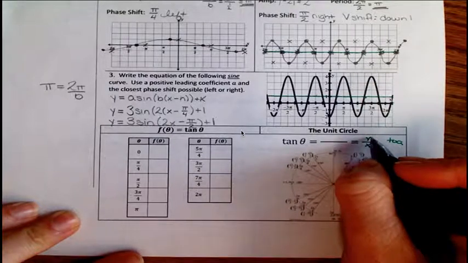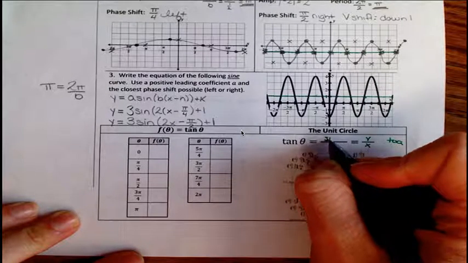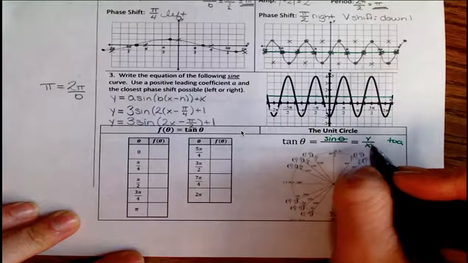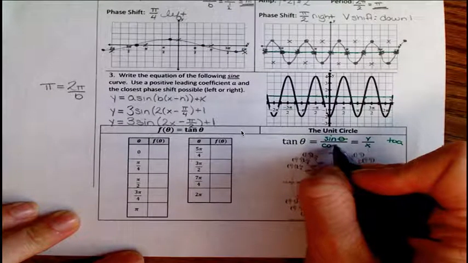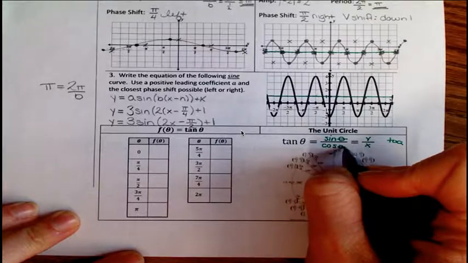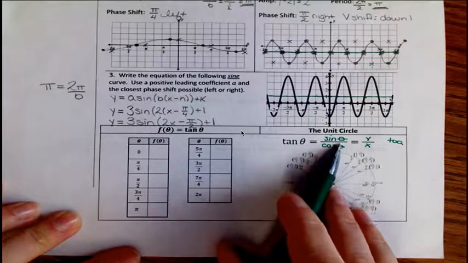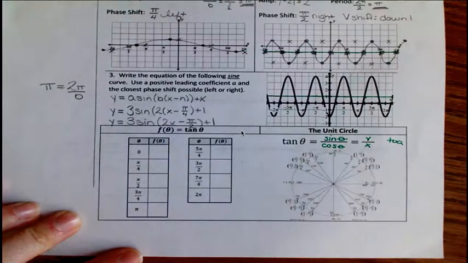And if you recall, the y value was actually your sine function for that angle, and x is cosine for that angle. So if we want to find tangent, we just have to take the ratio of sine to cosine.